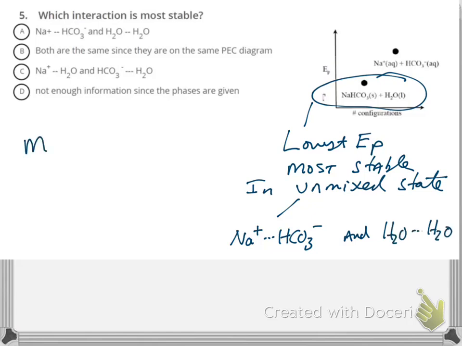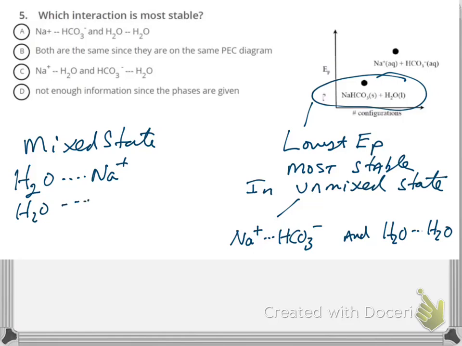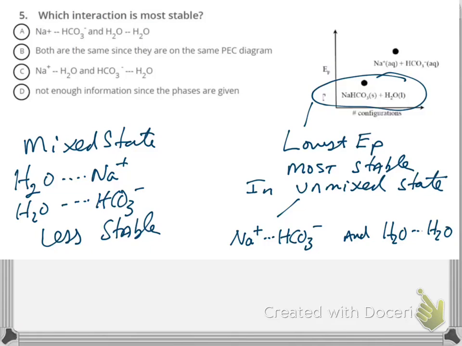These are going to be the strongest interactions because they're at the lowest potential energy, versus the mixed state, which is water interacting with the ions themselves, right? This is at a higher potential energy or a less stable state. So we would select the interaction that's most stable, which looks like I didn't pick A. So the answer here would be A.